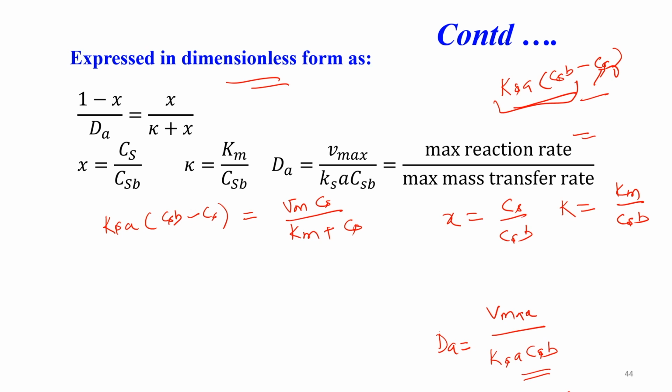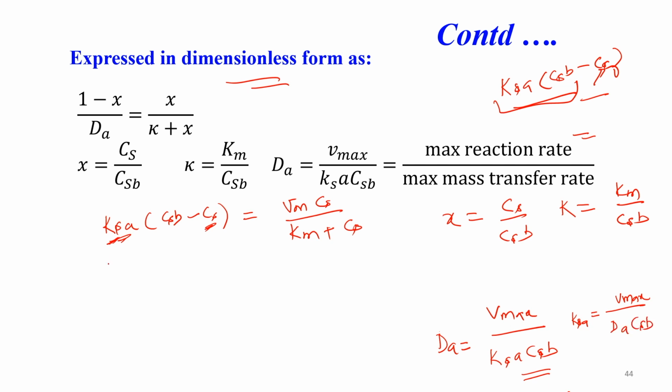So, if you can simplify this expression, then Cs will be in terms of x, and Ks A will be in terms of the Damköhler number. So, Ks A, you can rearrange here, Ks A is Vmax divided by Da Csb.